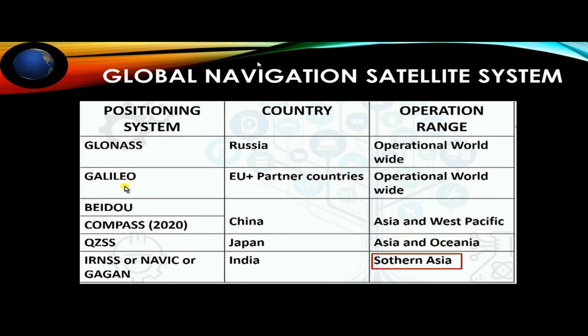I have spoken in my previous classes about the resolution of these. But for positioning information and accurate location, then only you will be able to take this information into your GIS to get some inferences. So these are the fundamental things that should be there. Then only you will be able to work with GIS.